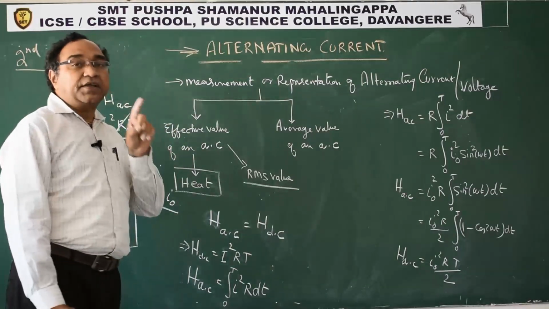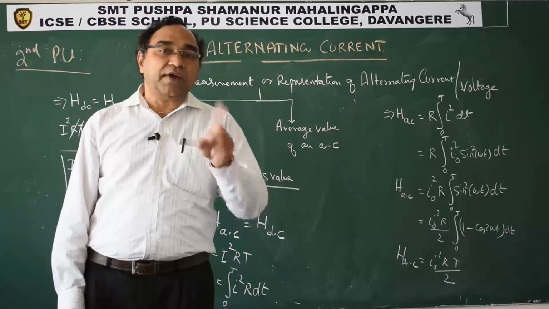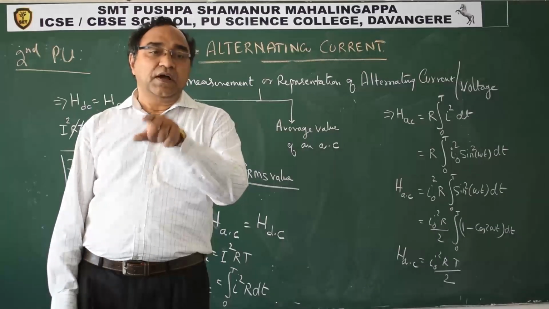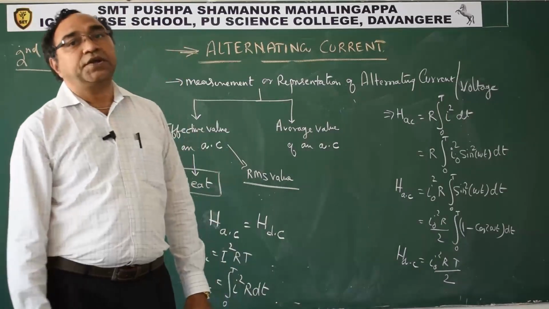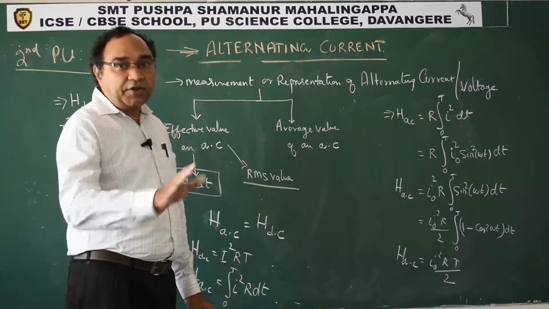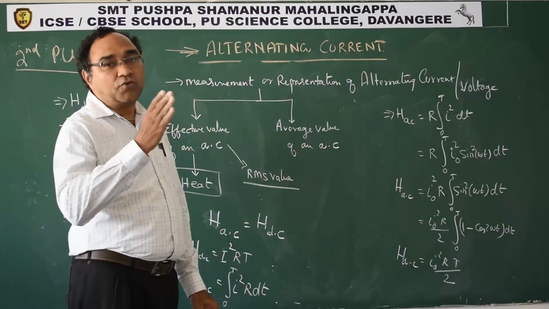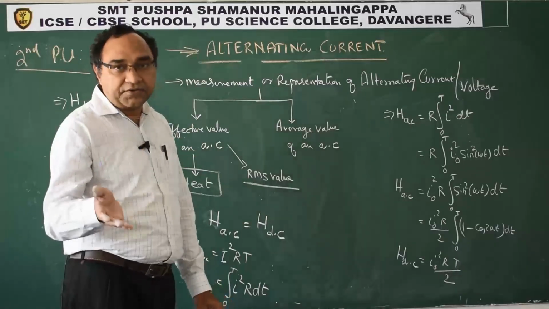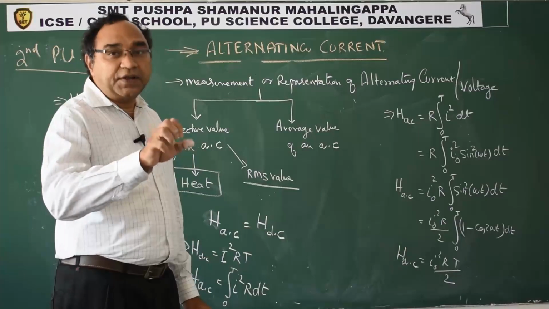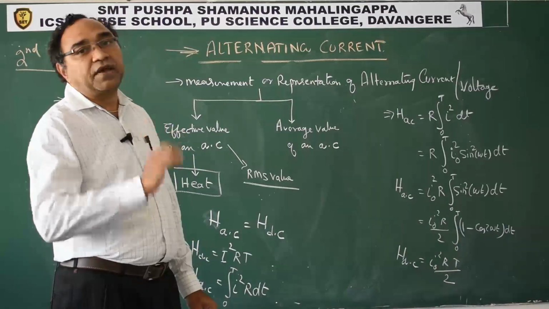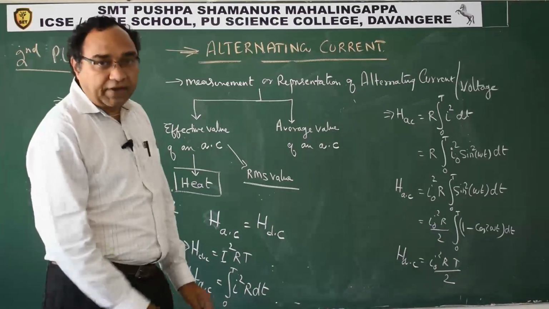Unless it is given that the peak value of the source is 220 volts. If it is given that a source is 220 volt 50 hertz, then that 220 volt is to be taken as the RMS value or the effective value.